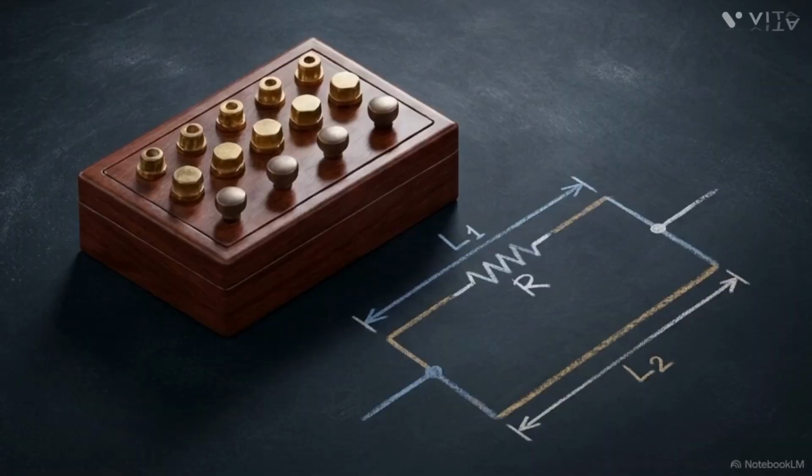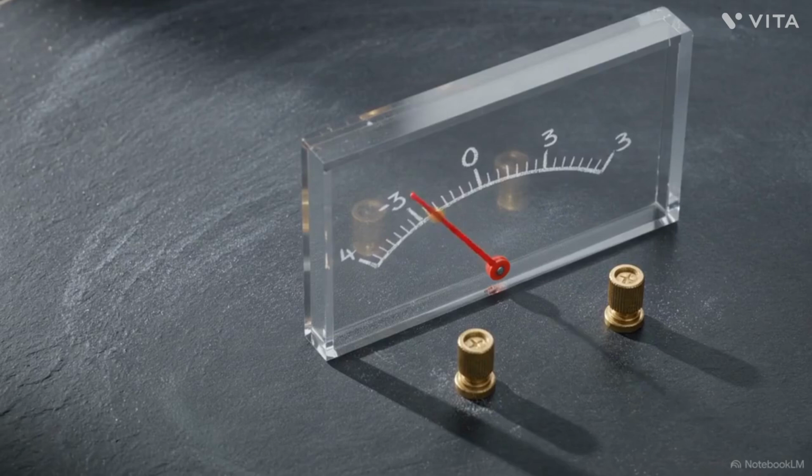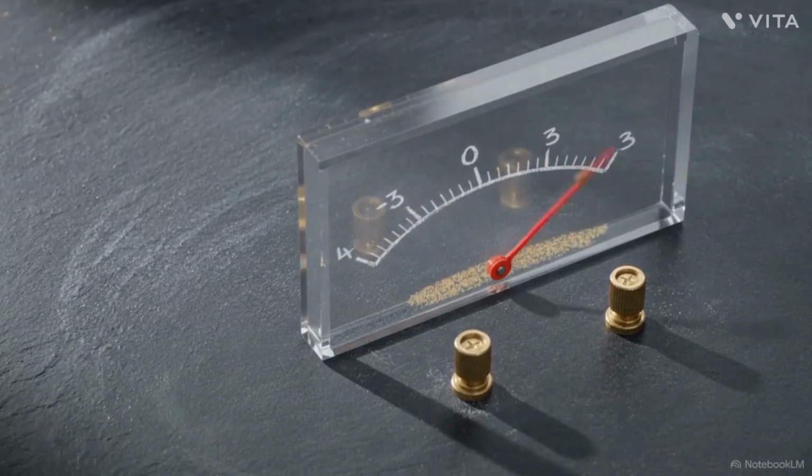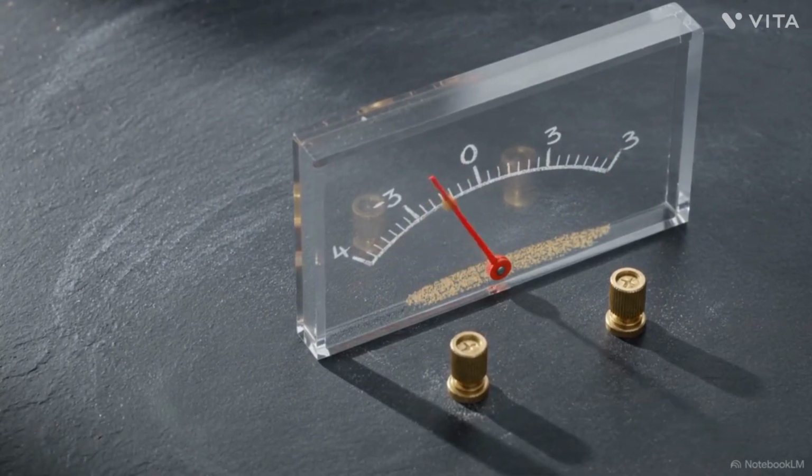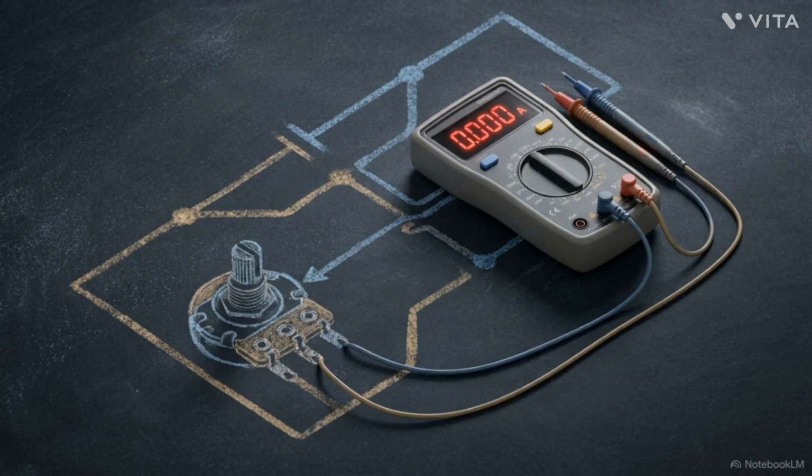These two lengths are used in the final equation. Internal resistance, r, equals R times the quantity of L1 divided by L2 minus 1. Unlike a standard voltmeter, the potentiometer draws zero current from the test cell at the moment of the null point. It functions as a meter with infinite resistance, measuring the potential difference without interfering with the original circuit.